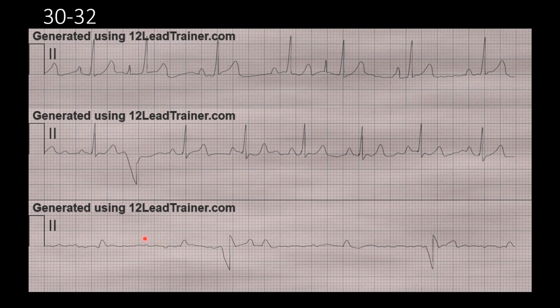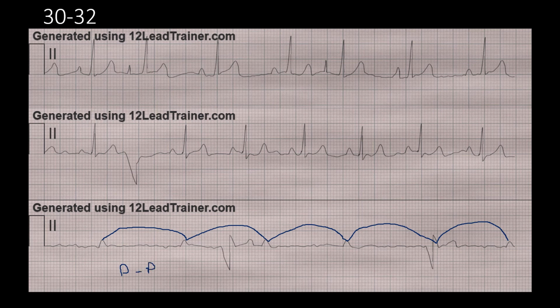So that's kind of a weird thing. But once we go and measure the PP interval, the interval between P waves, that right there, and there's probably one that's lost somewhere in here in the QRS. So that's a pretty regular PP interval.